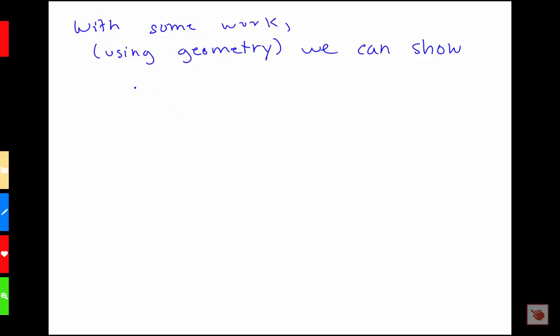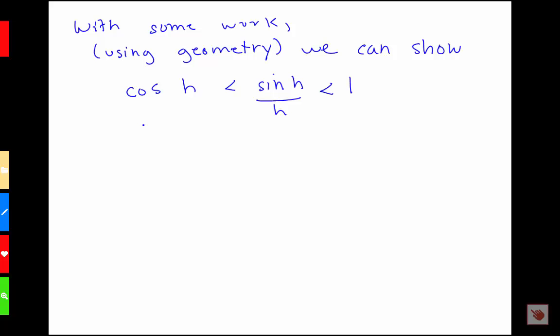So we can show that cosine of h is less than sine h over h is less than 1.